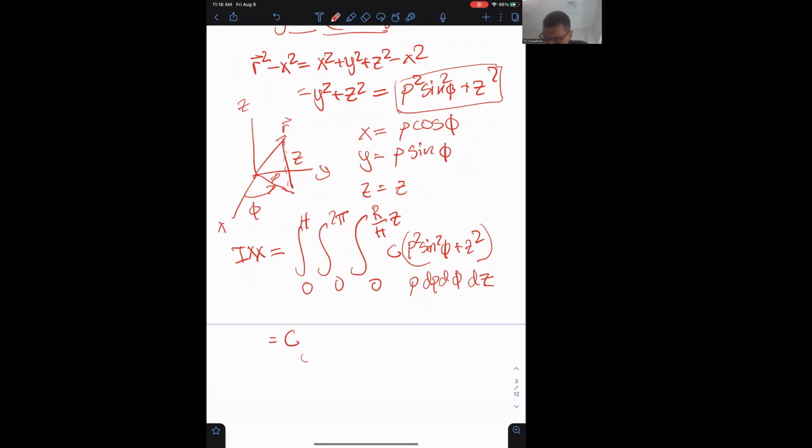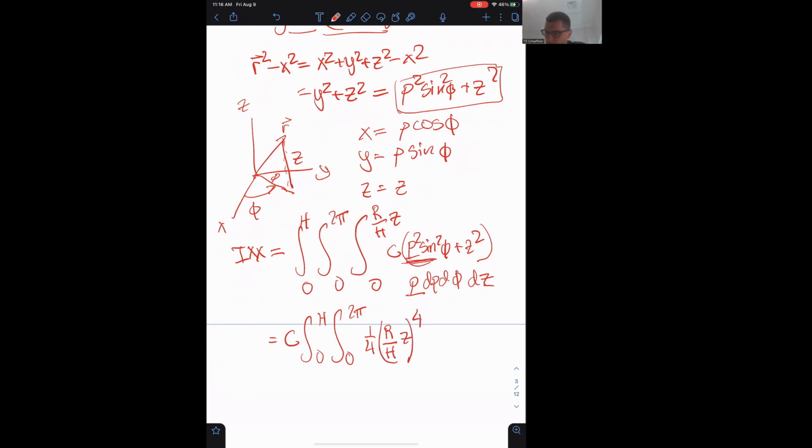C can come out. So we have a rho cubed here, so that's going to give us rho to the fourth divided by 4. So it's r over h z to the fourth.